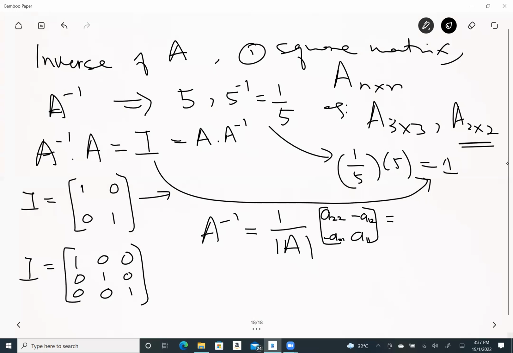In terms of A, B, C, D: 1 over the determinant of A, you switch A and D, you put a negative sign on B and C, and then multiply by 1 over the determinant. Okay, so that is the inverse of a 2 by 2 matrix A.